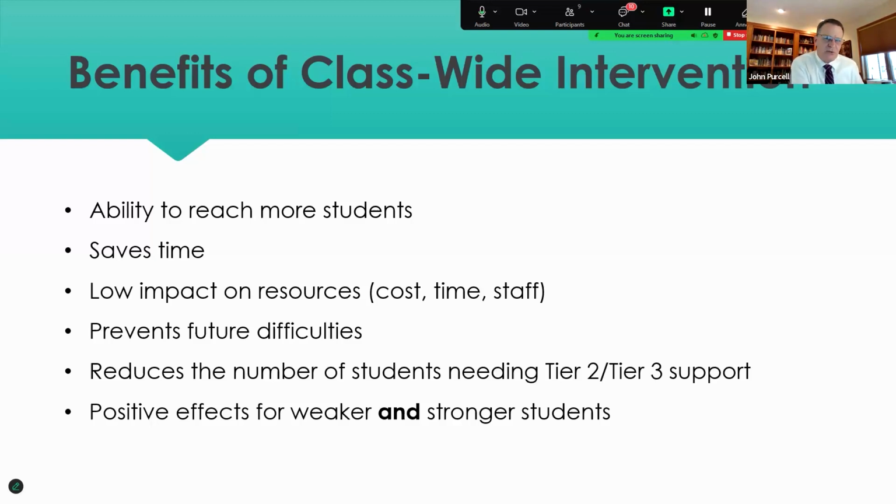Looking at specific students and hearing, oh, I didn't know that, I need to remember that. And that might be a quick, intense mini lesson just on that struggle that John is having over here. So it saves time, but it also gives us a chance to be more interactive with more students at one time. Low impact on resources, because it's happening within your classroom with what you have, essentially.